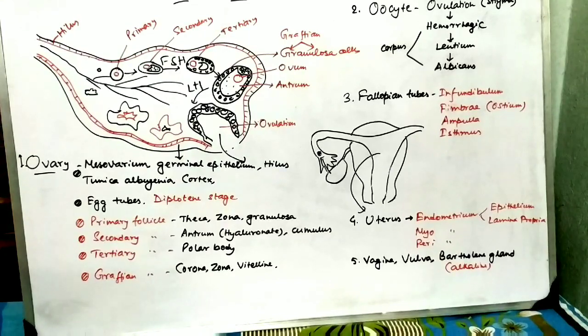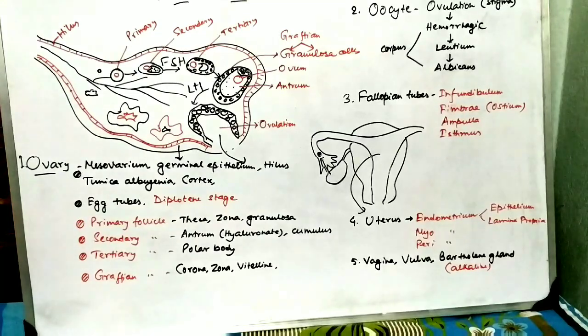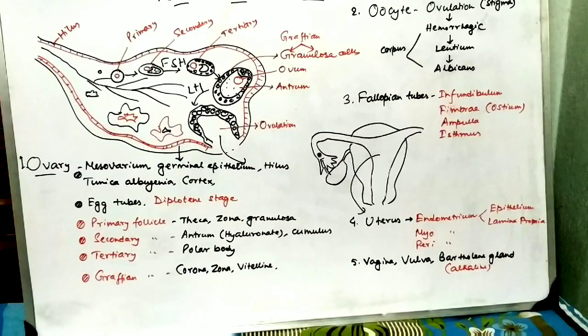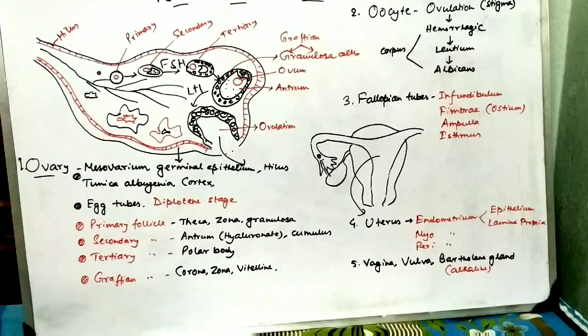A vulva is there, and the Bartholin gland secretes alkaline mucus-like substances, which form a lubricating surface during intercourse.